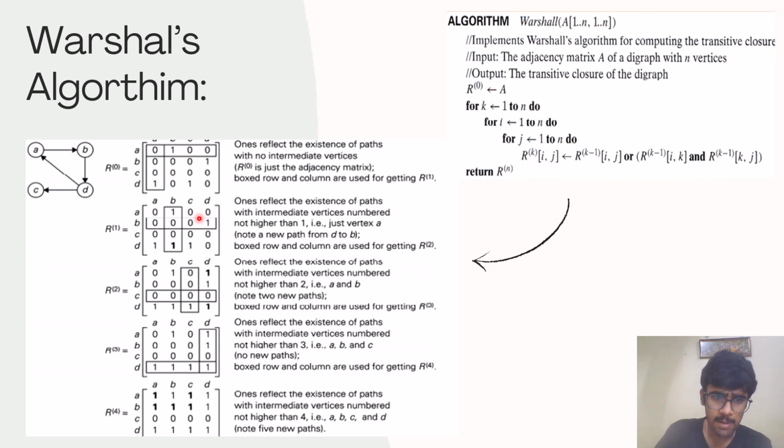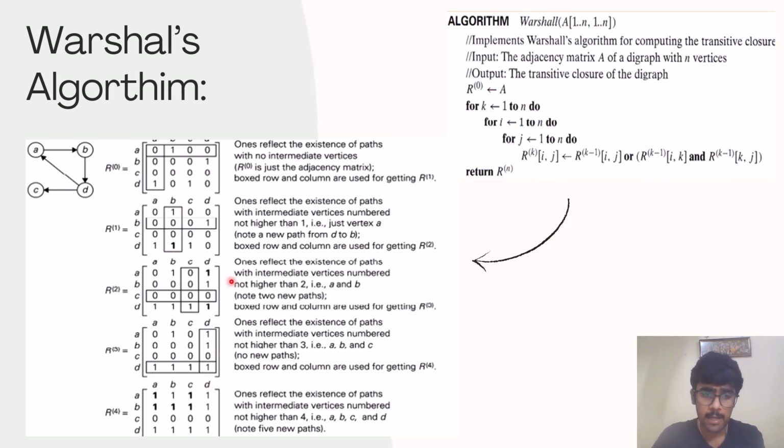If I want a comma c, the current a comma c value, that is 0, or the multiplication of a comma b with b comma c, that is 1 into 0, that is 0 again. If I want the value a comma d, the current value is 0 or the multiplication of a comma b and b comma d, that is 1 into 1, hence I got a 1 in R2.